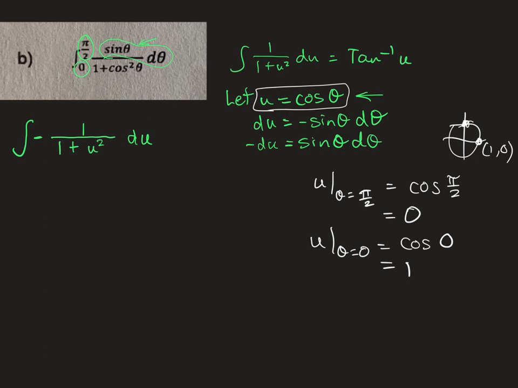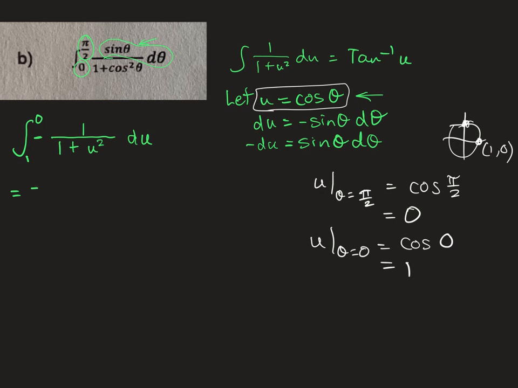So we can now go back and replace our limits on our integral sign. Instead of pi over 2 at the top, we're going to have a 0. And instead of 0 at the bottom, we're going to have a 1. And there we go. So now we can integrate. And as I mentioned up at the top, 1 over 1 plus u squared is the inverse tan.